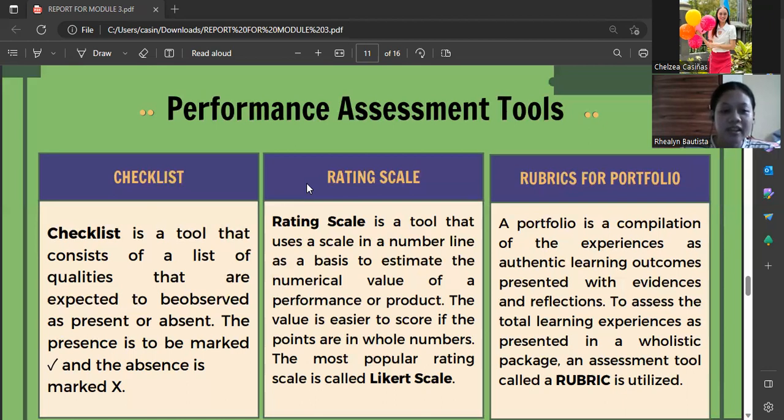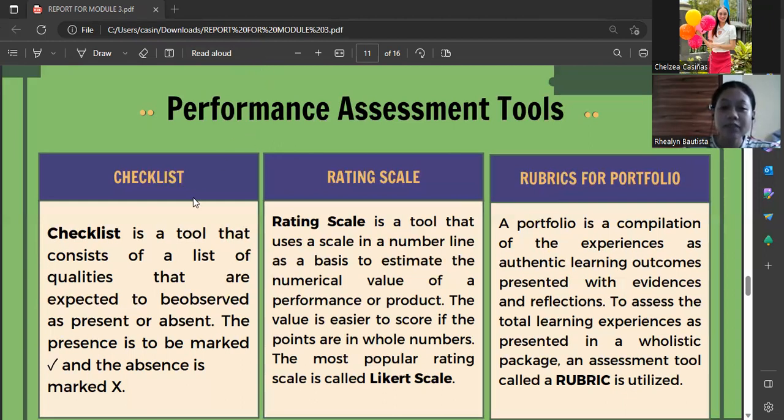And the value is easier to score if the points are in whole numbers. Whole numbers yung karaniwang ginagamit natin dito sa rating scale kasi mas madali nating makita yung score. And the most popular rating scale is called Likert scale. Alam ko, familiar tayo sa Likert scale, di ba? Kasi ginagamit natin to sa ating research. Kalimitang ginagamit natin is yung Likert scale.